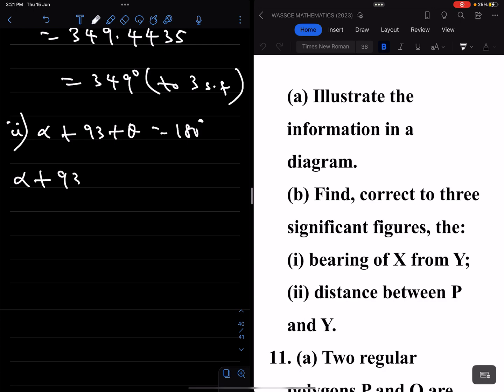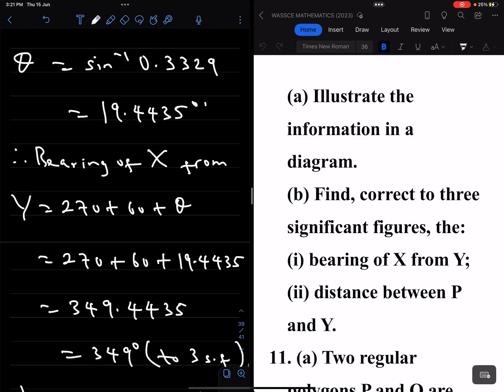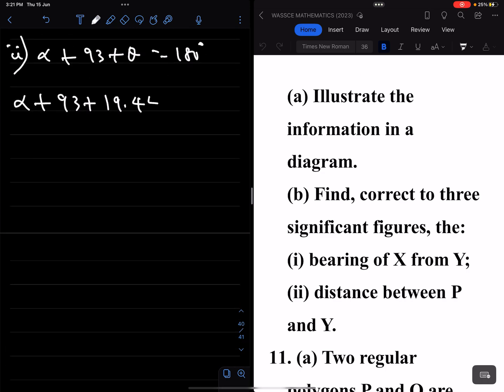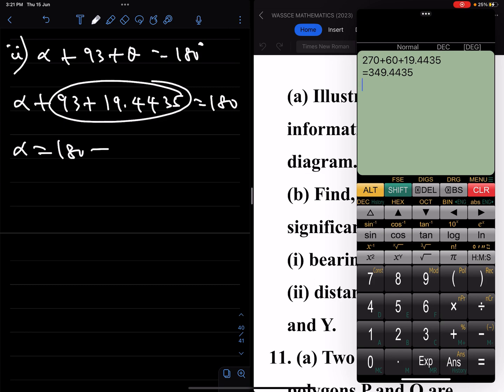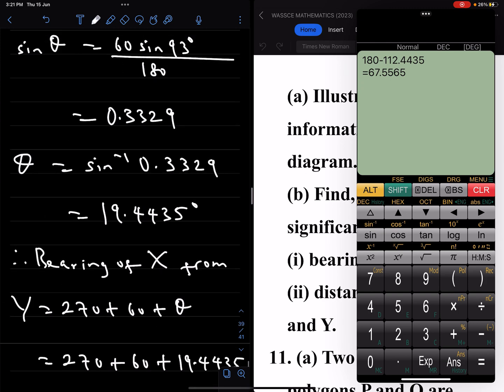That means alpha plus 93 plus 19.4435 equals 180, and that means alpha equals 180 minus the sum of 93 plus 19.4435. So alpha will be 180 minus 112.4435, and that's 67.5565.